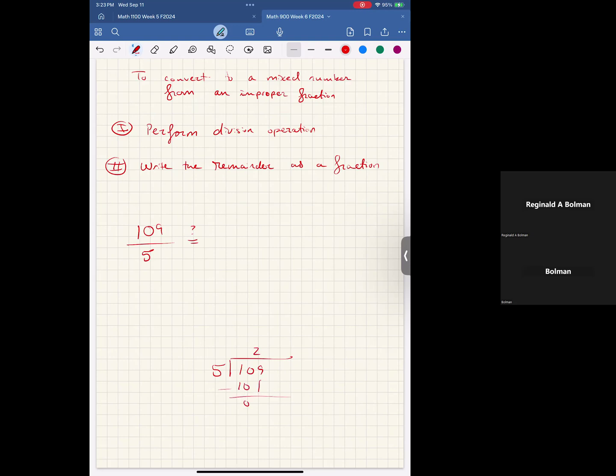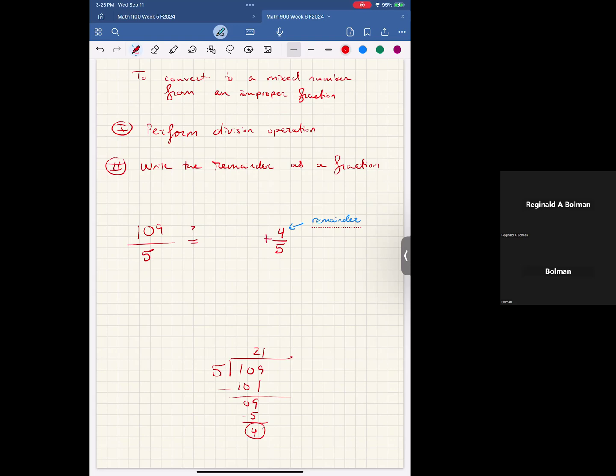Subtract, you get 0. Drop your 9 down. 5 into 9 goes 1 time. 1 times 5 is 5. Subtract, you get 4. And then with this remainder, you are going to create a new fraction where the remainder is the numerator of the new fraction.